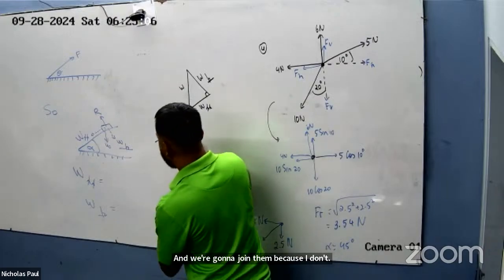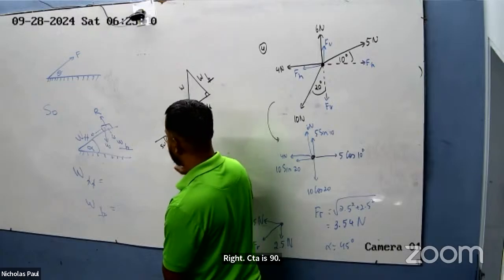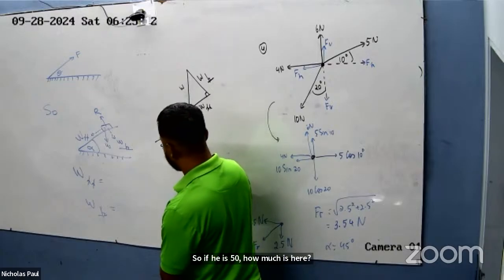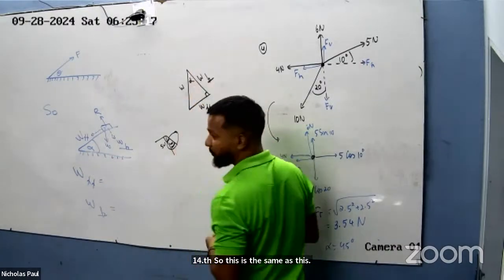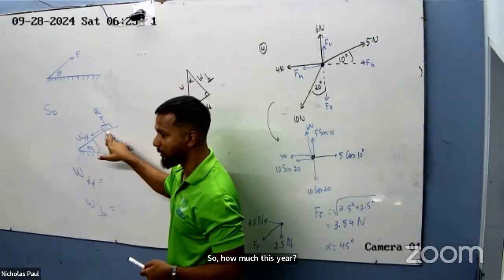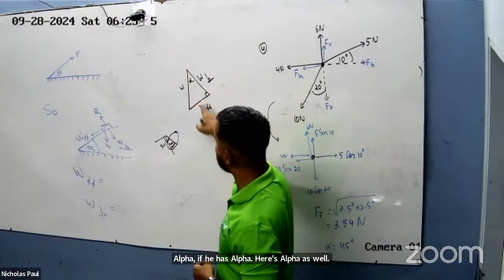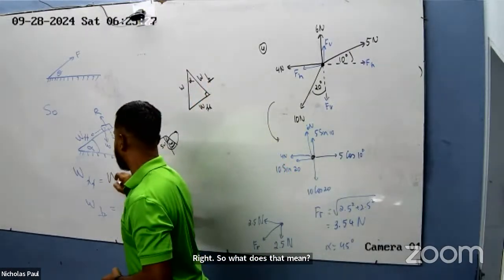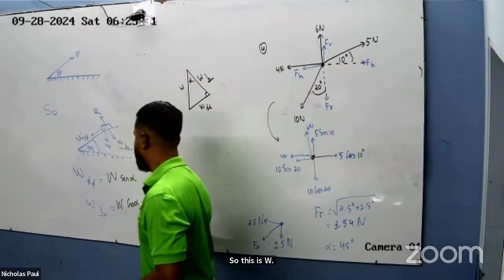So if here is 50, how much is here? 40. So this is the same as this. So how much is here? Alpha. So what does that mean? Opposite, adjacent. So this is W sine alpha, this is W cos alpha.